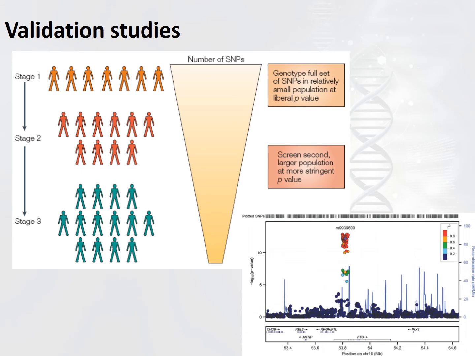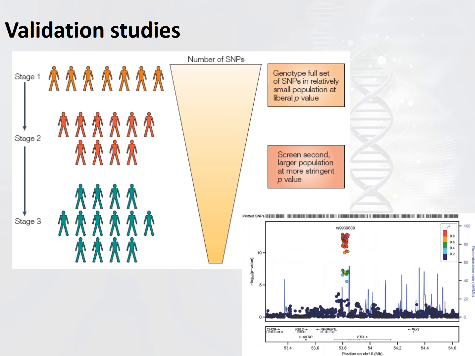So we've seen before that once we have produced data from a genome-wide association study, so once we have an association of a certain variant with a certain pathology, we cannot stop there. We need to move on, and we need to be able to confirm that those associations were actually real.